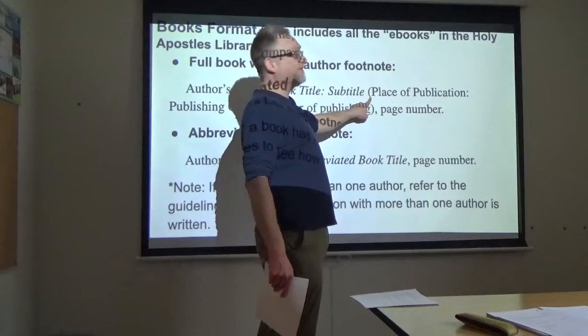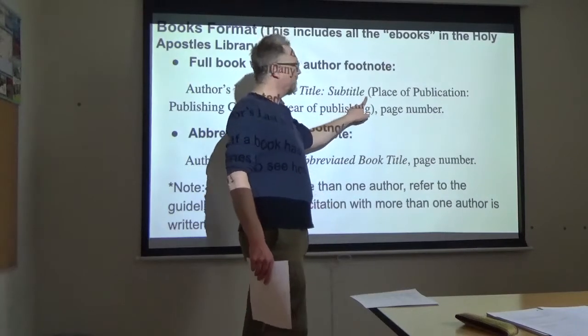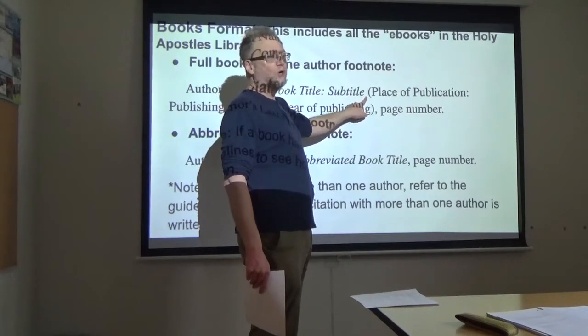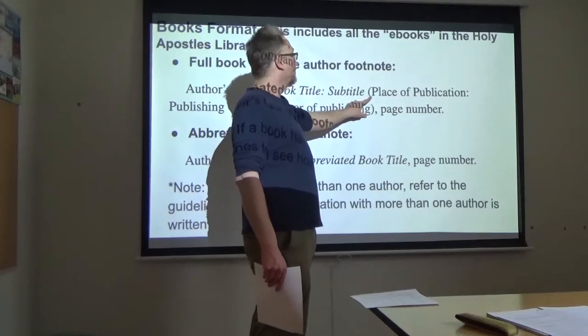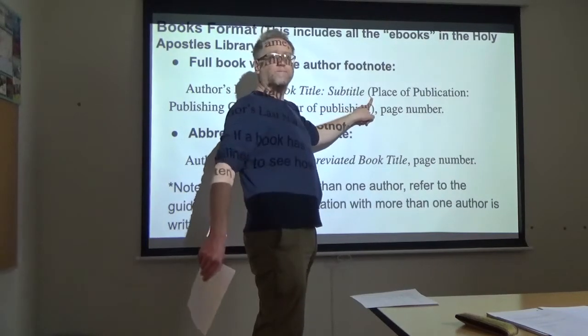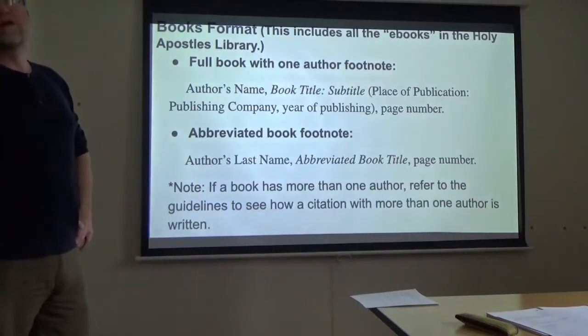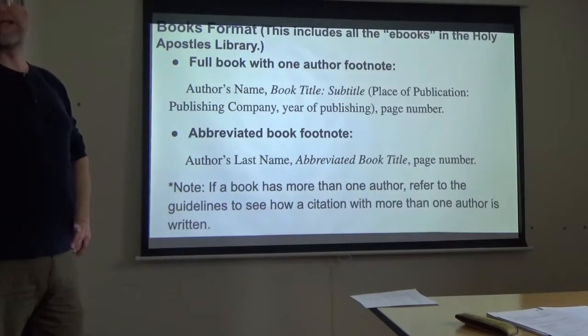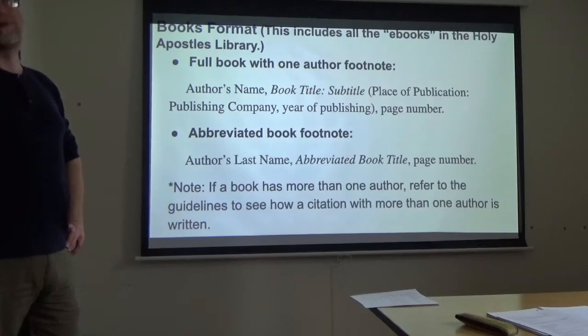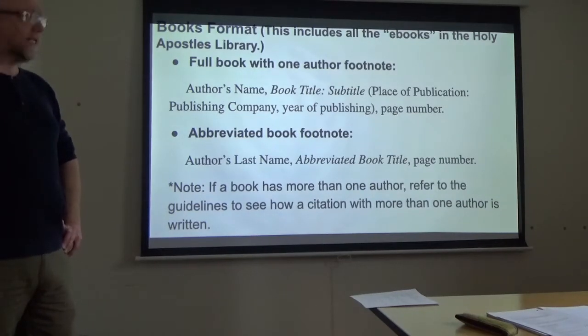So open parentheses, you see that? Is there a comma in here? No, there's no comma in here. So you have the parentheses, then what do you have? Place of publication. And that's going to be a city. It's a city, it's not a country, it's a city.